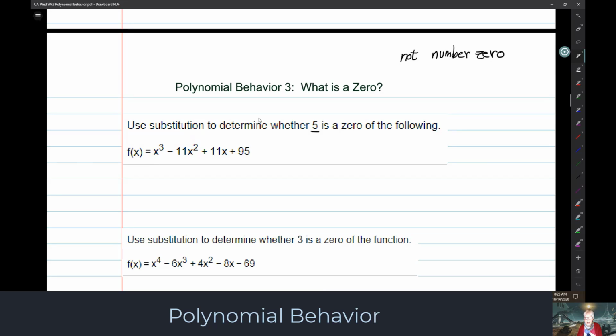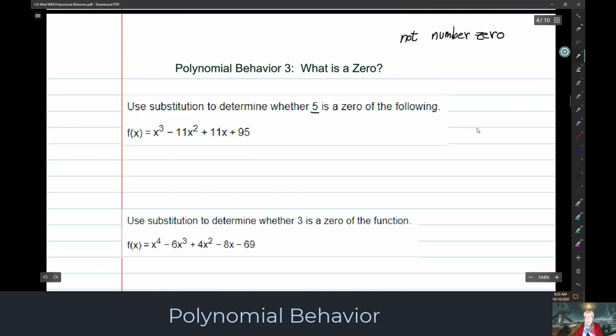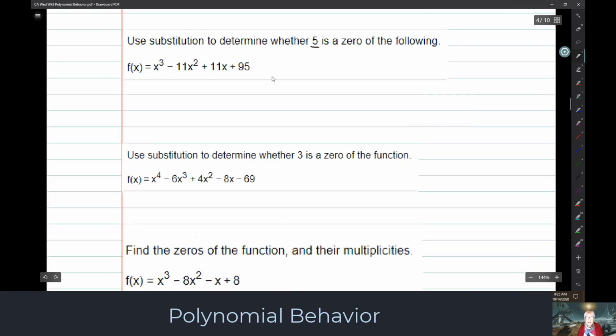So what these people are asking right here is, is 5 a zero of f of x?